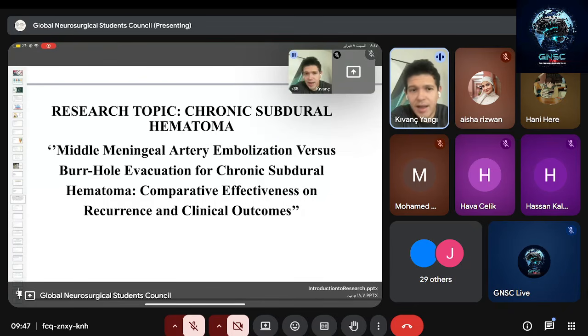So it's been shown that embolizing the MMA was effective in terms of curing the disease, I mean, preventing the recurrences, and it's minimally invasive. So now, throughout the world, MMA embolization for chronic subdural hematomas has begun to be known as the primary treatment modality. Next slide, please.